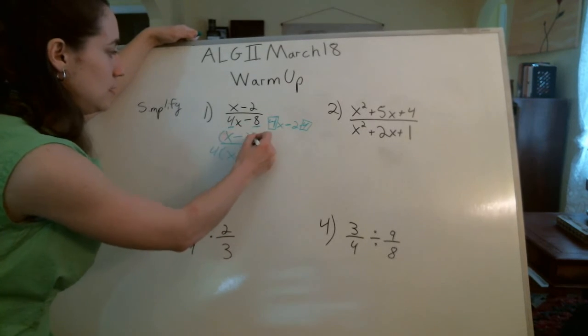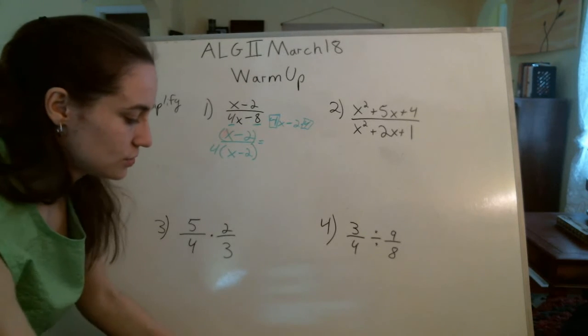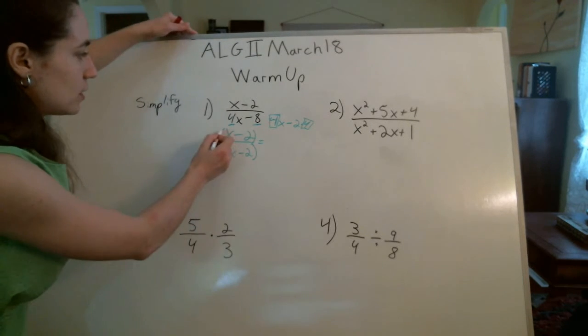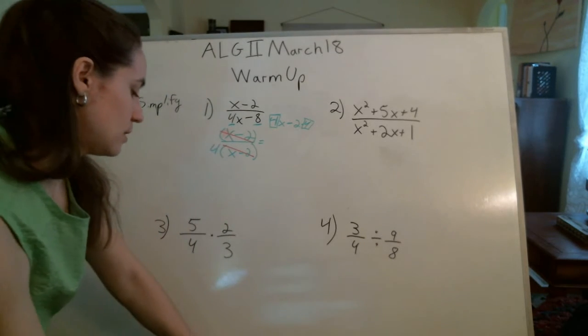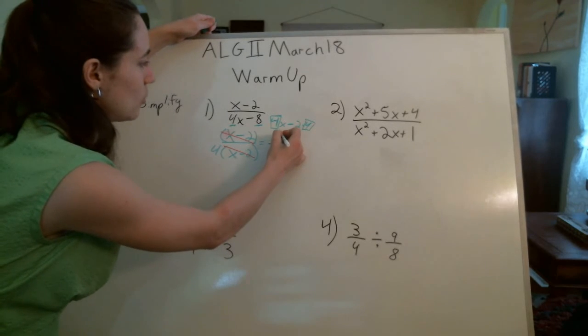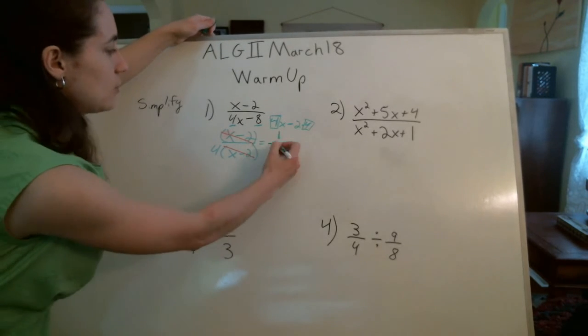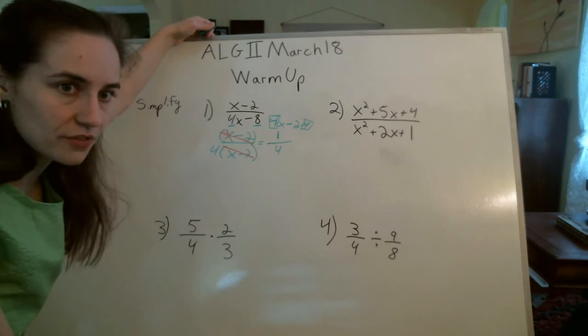Okay? So when this cancels, again, it's the case where they cancel so that there's nothing left in the numerator. Okay? So instead of having nothing in the numerator, I'm going to put my super secret 1. And the denominator will be 4. So this actually reduces to 1/4 or simplifies to 1/4.